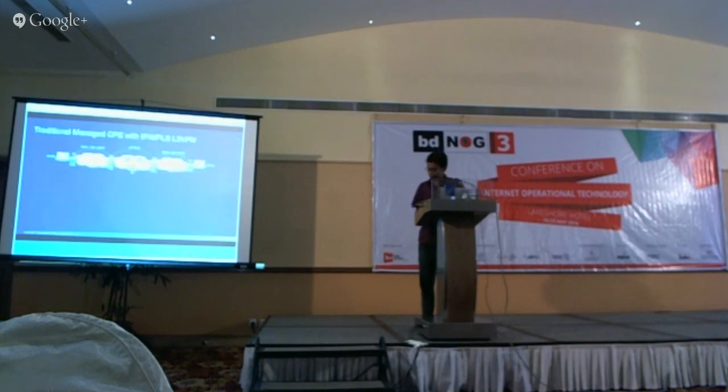Now, with that as a background, let's quickly look at how, in today's context, managed CPE with MPLS L3 VPNs is delivered. And I'm sure all of you know this picture very, very well. We have an MPLS core that has provider edge routers and P routers, core routers. Typically, they're connected to the CE routers, which are located at the branch, either by direct connectivity or using a shared Ethernet or backhaul network on both sides.